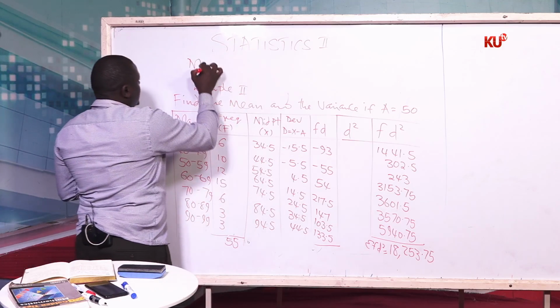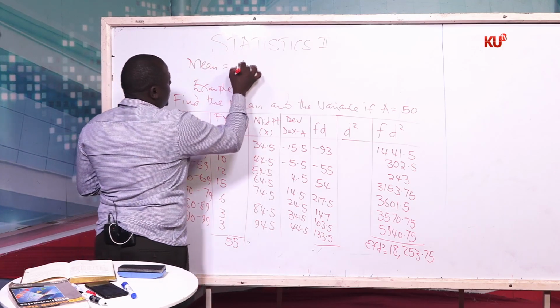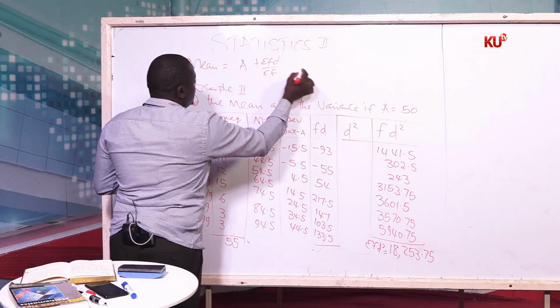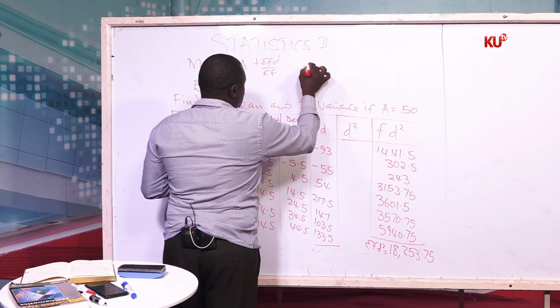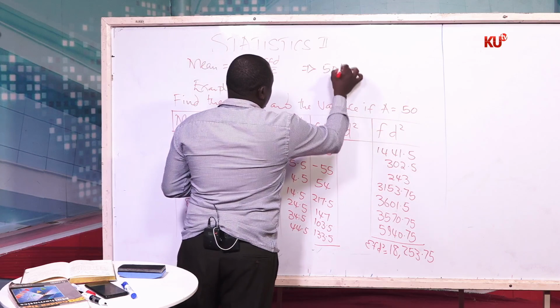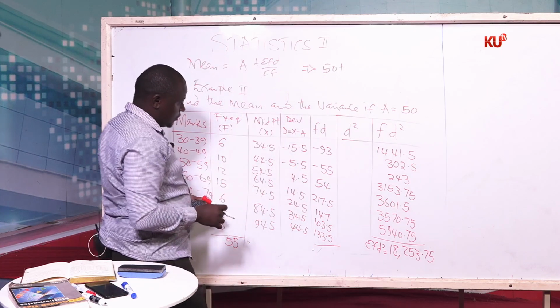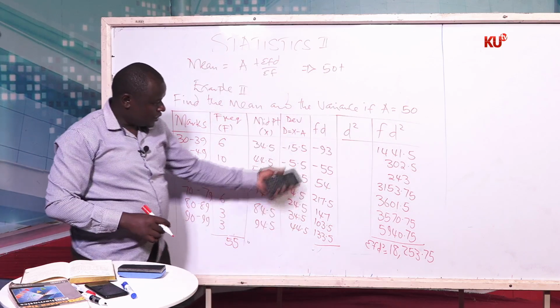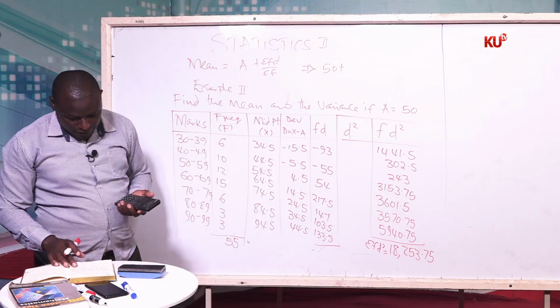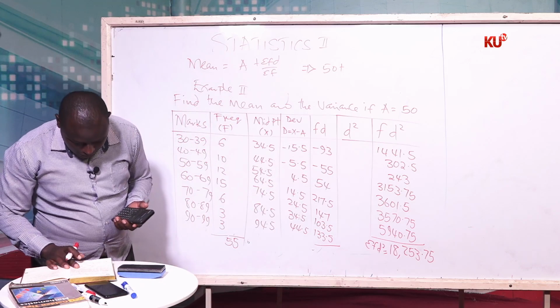Mean is given by assumed mean plus summation of FD over summation F. This implies that A, which was 50, plus summation of FD, we needed this sum. I hope you can add them. Let's get this sum of FD.